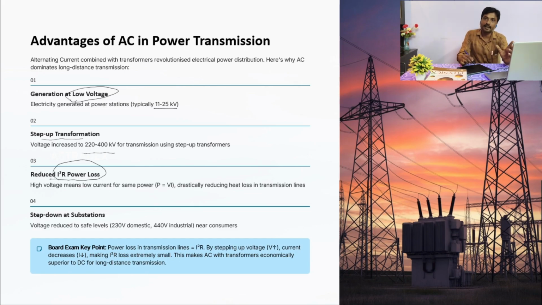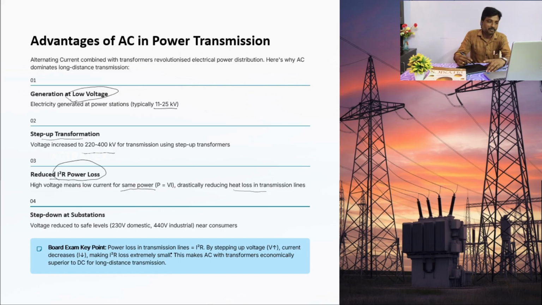As I said already, the voltage transformer ratio and the current transformer ratio will be inverse. So, if you are increasing the voltage, current will be decreased, thereby power will be the same. So, it drastically reduces the heat loss in the transmission line.